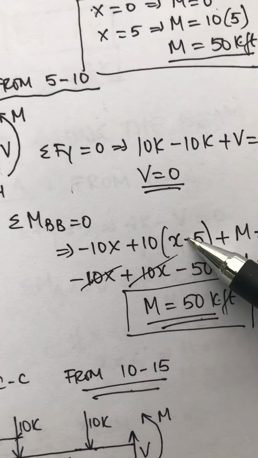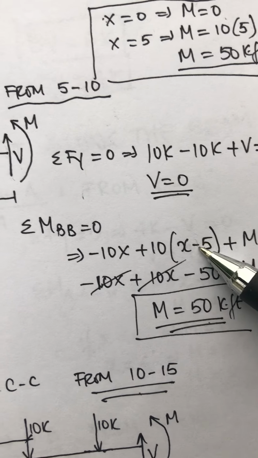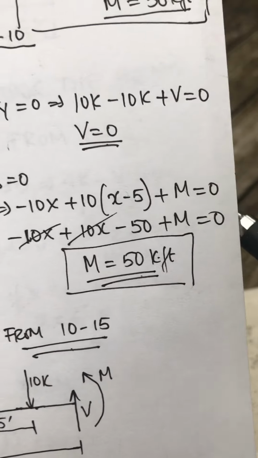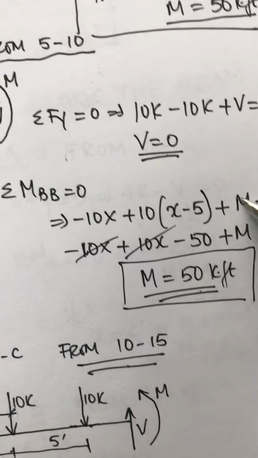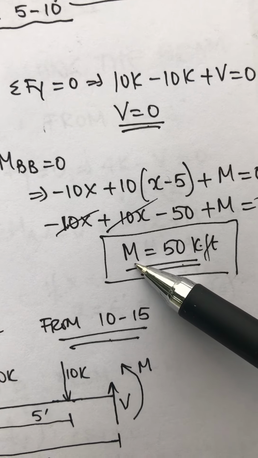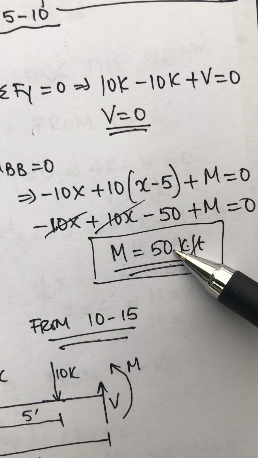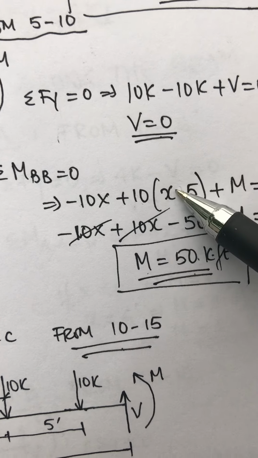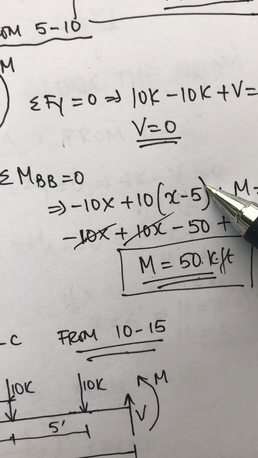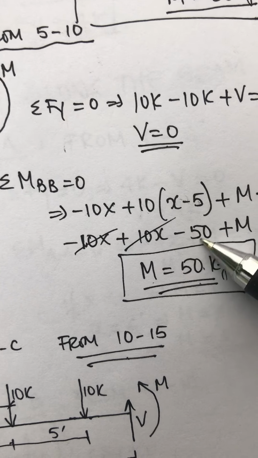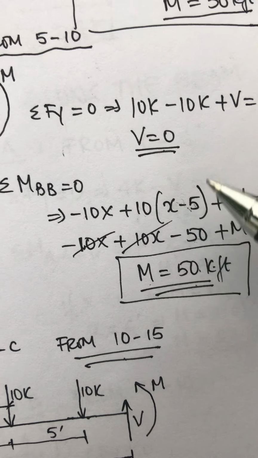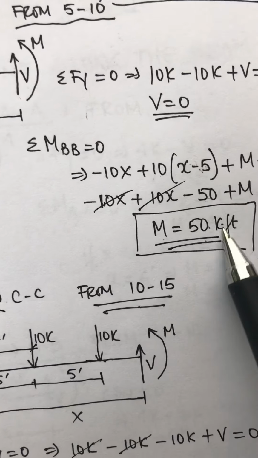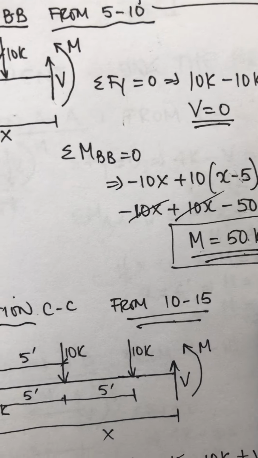So plus M equals 0. If you solve this equation, you get M equals 50K. So 10 times X is 10X, and 10 times 5 is minus 50 because of the minus there. So M is 50 K-feet.